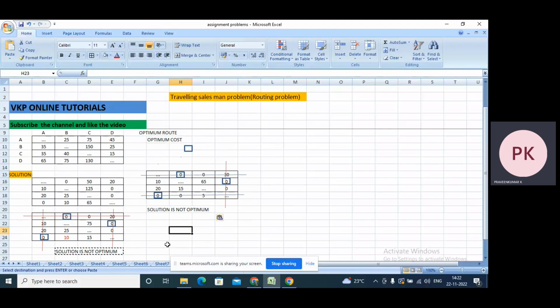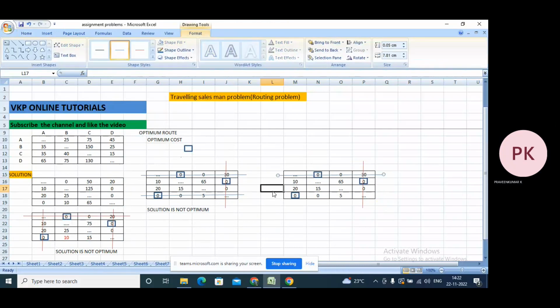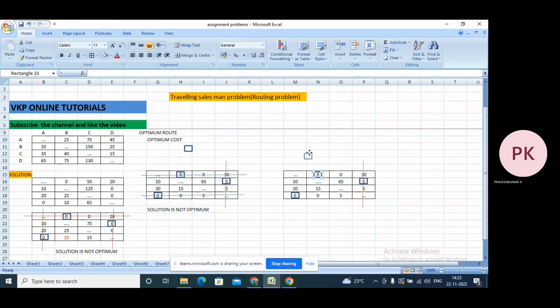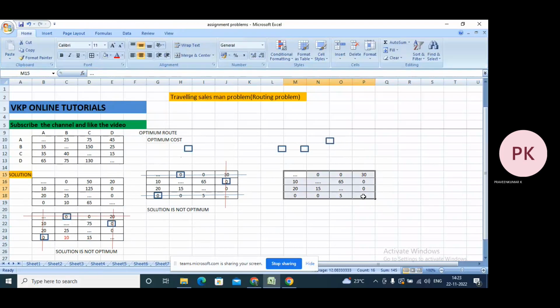Next, to get the optimum solution, again repeat, again do reallocation, and reallocate to get the optimum solution. Now, diagonal elements, I'll mark infinity for diagonal elements.